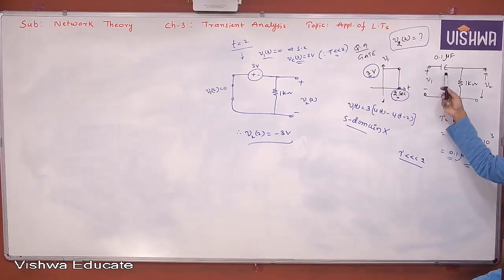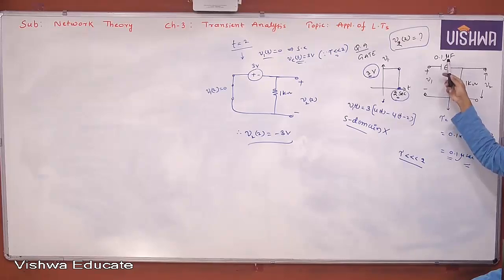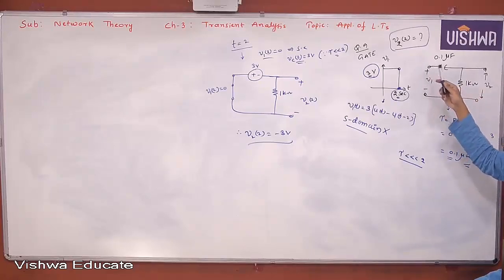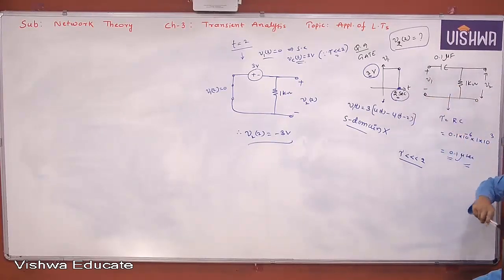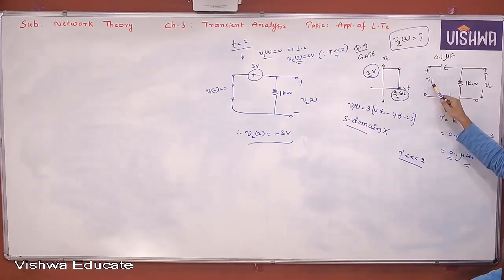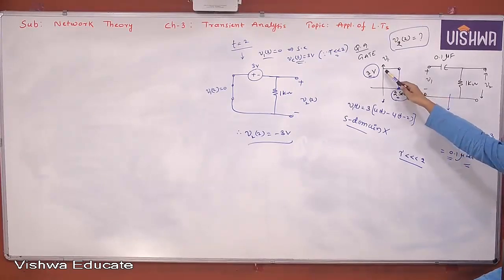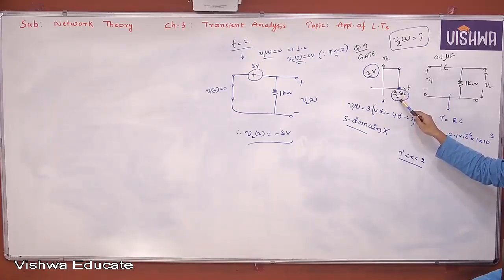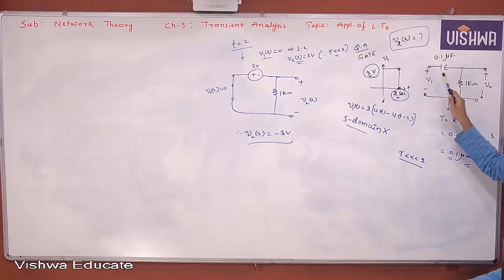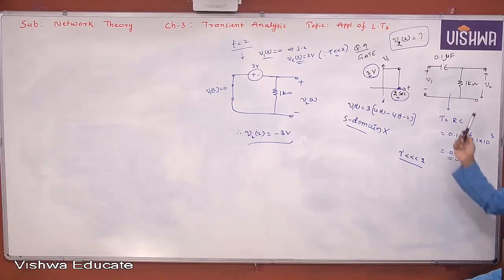So once you know the voltage at the given instant, then you can replace this capacitor, because already you know how much the capacitor got charged to. Therefore you can replace this entire circuit by its equivalent at t equal to 2 seconds. At t equal to 2 seconds, we know the value of the voltage V1, because V1 is coming down to 0 at t equal to 2 seconds, and the voltage across the capacitor is charged to the full voltage, and therefore I have constructed the equivalent like that. So instead of going for the S-domain equivalent circuit, I'm able to solve it directly.